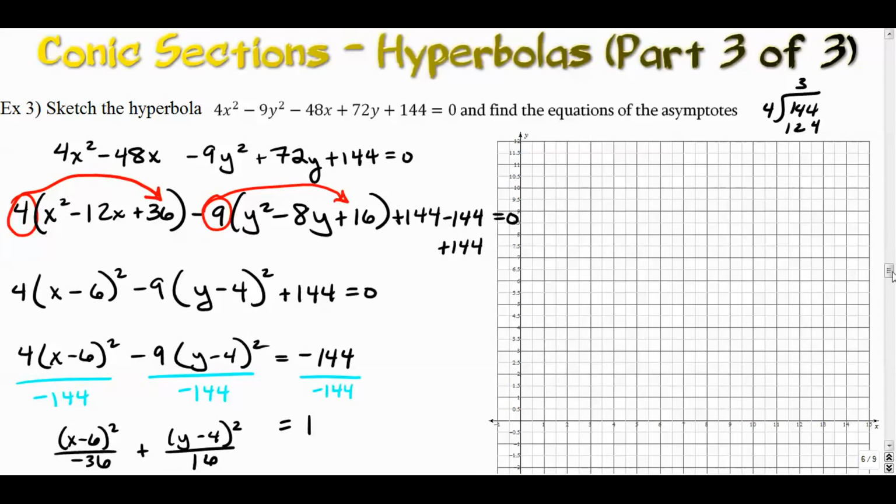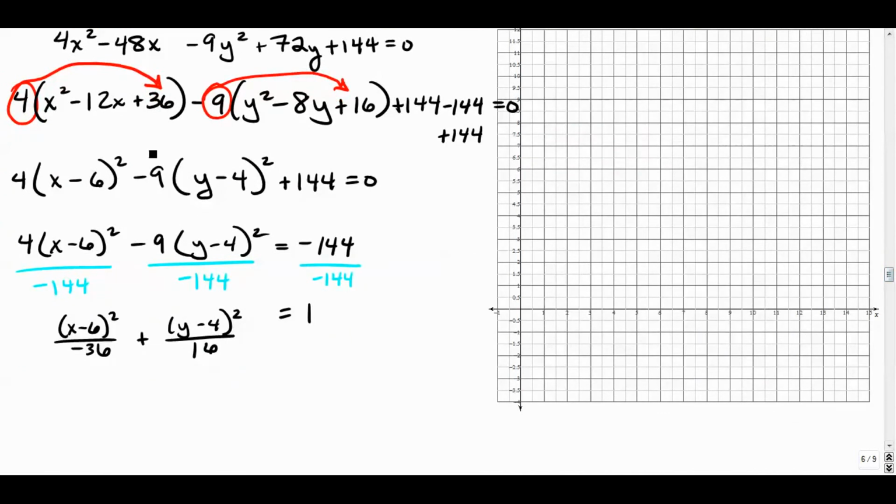So what happened is that what was originally a negative 9 now changes to a positive fraction, and what was originally a positive fraction changes to a negative fraction because we divided everything by a negative. So we take the positive fraction and move it to the front, and move the negative fraction to the right. That gives a standard hyperbola format: y minus 4 quantity squared over 16 minus x minus 6 quantity squared over 36 equals 1.